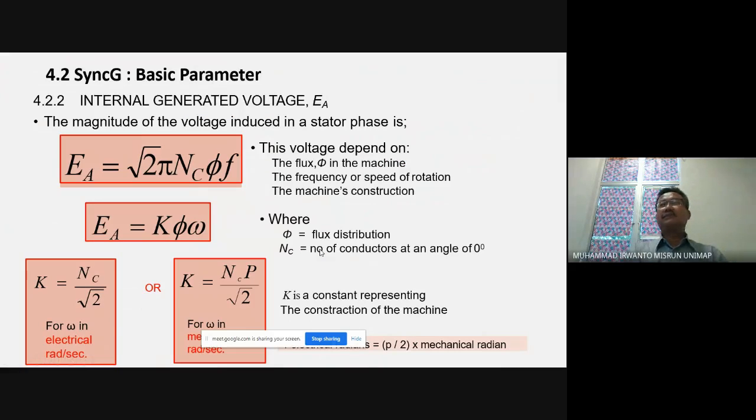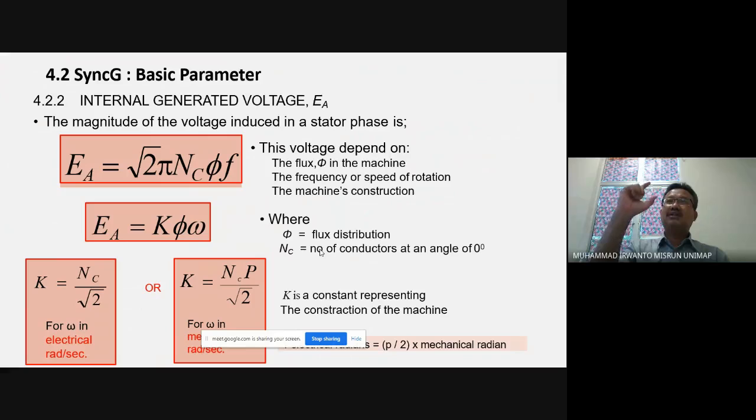Okay, the rotor moves and produces the rotating magnet. The rotating magnet moves with the rotor, and then on the stator it will produce the induced voltage.